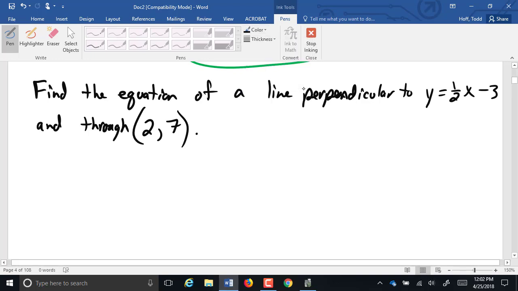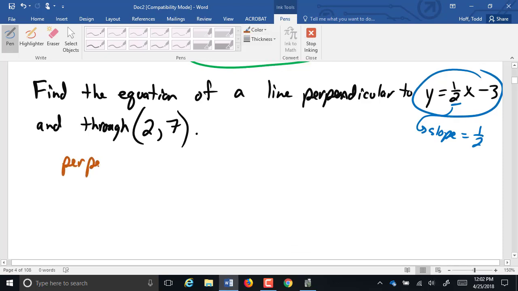So again, from this original equation, all I need from that is the slope. The slope here is 1/2. It's 1/2 multiplying x. So for my perpendicular, that slope, it's opposite.